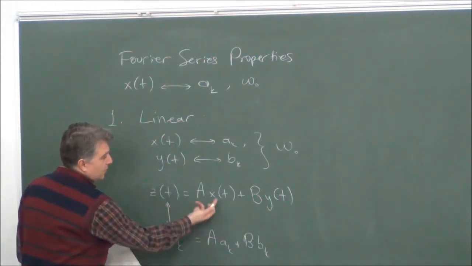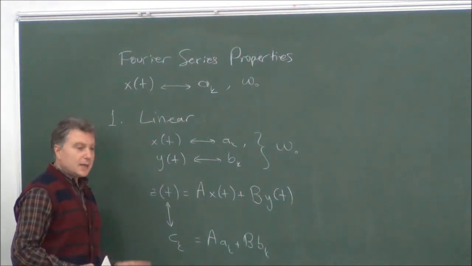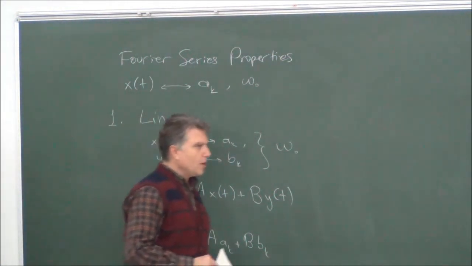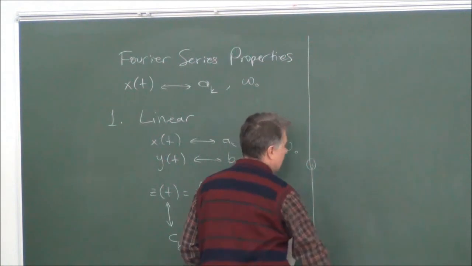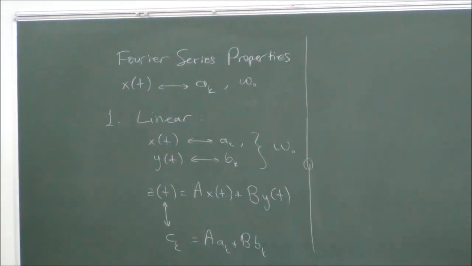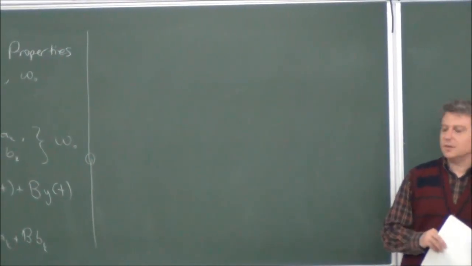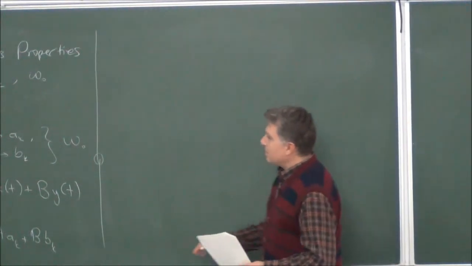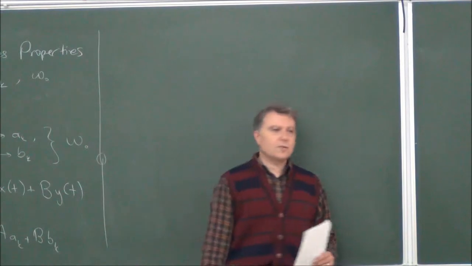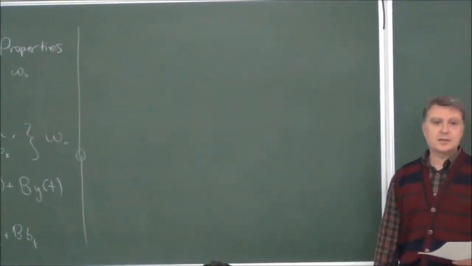The aks are Fourier series coefficients of x, and the bks are Fourier series coefficients of y. But as I say, this holds only if the periods are the same. You have to be careful about that. So don't jump to the conclusion when you have two separate waveforms with different periods or frequencies. I'm adding up those two things, and these cks are just additions of the previous Fourier series coefficients. It's not possible if the periods are not the same.